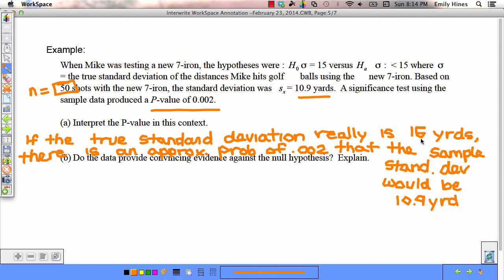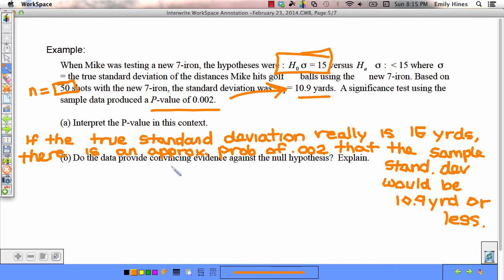So in this case, since we're looking for 15 and that's less than, we say or less. That's what the p-value means. If 15 here is the true value, if the null is true, then this is the probability that we are going to get that value or less.